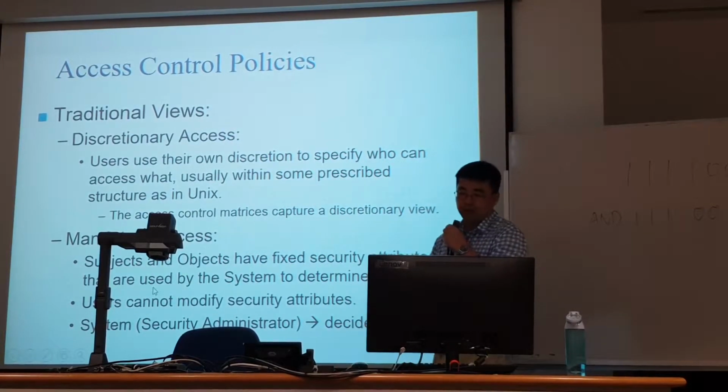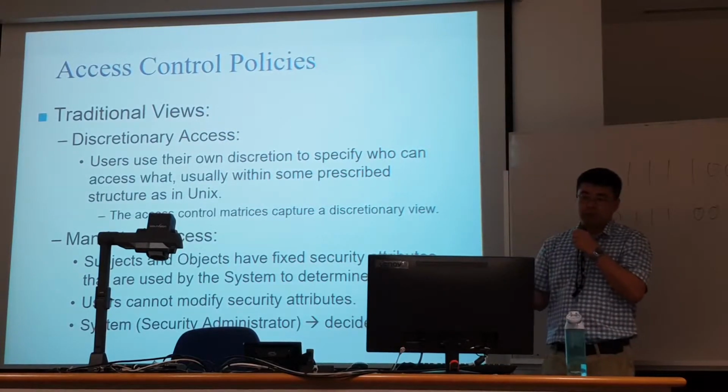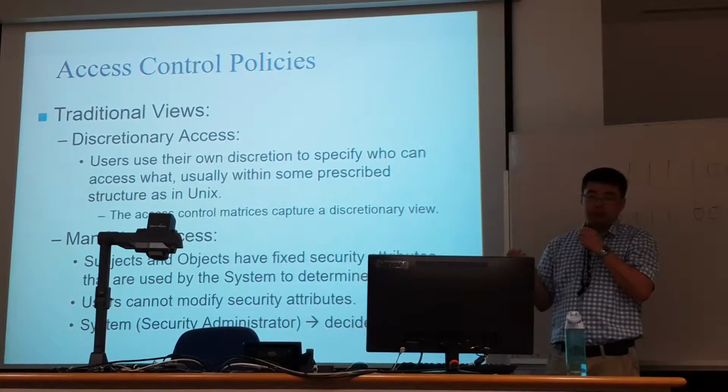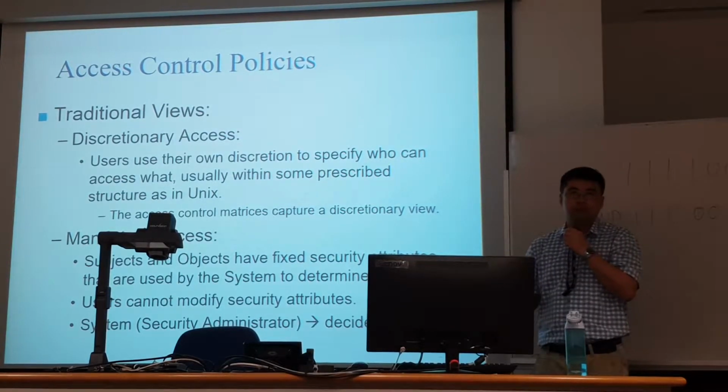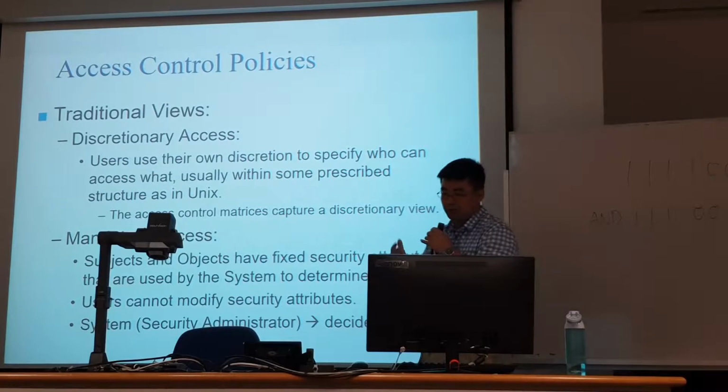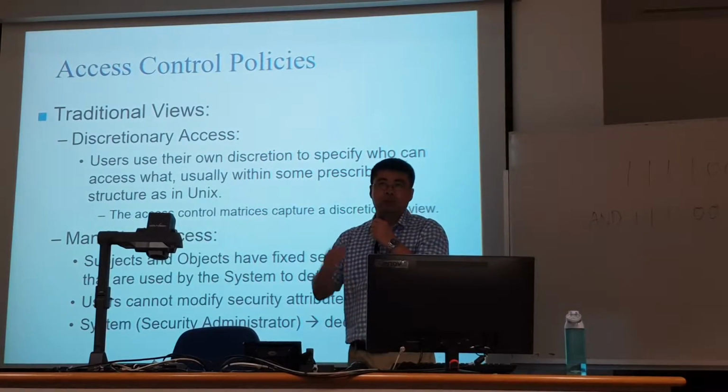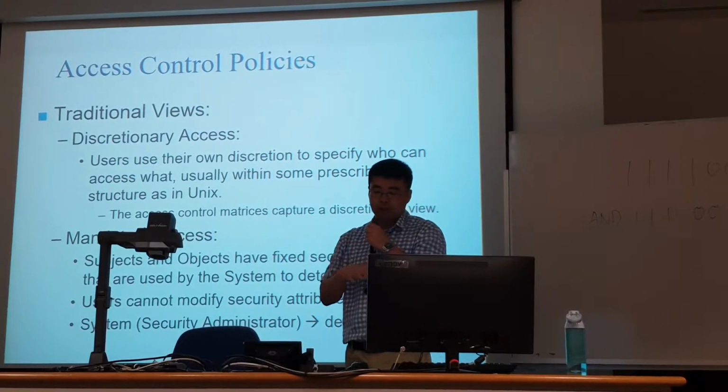Later we will see, for example, in military applications, the so-called multi-level access control, which is an example of a mandatory access control. Just like the example I mentioned, you can have top secret, secret, classified, confidential, unclassified.